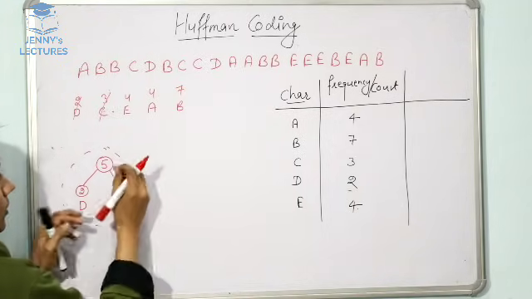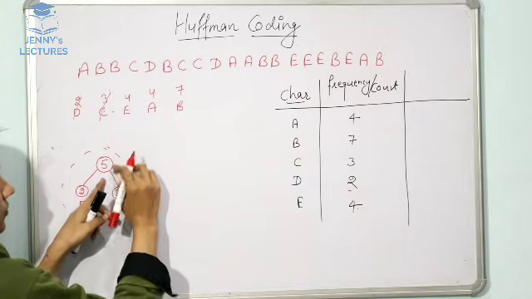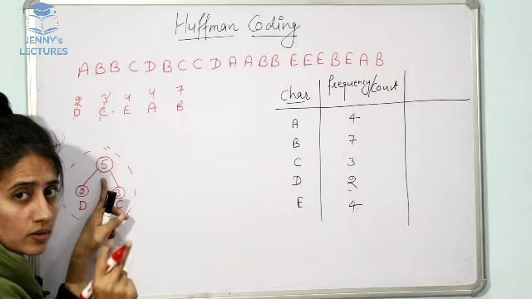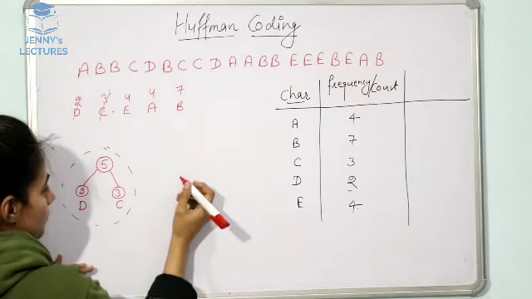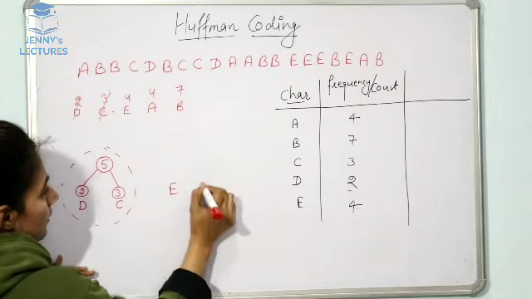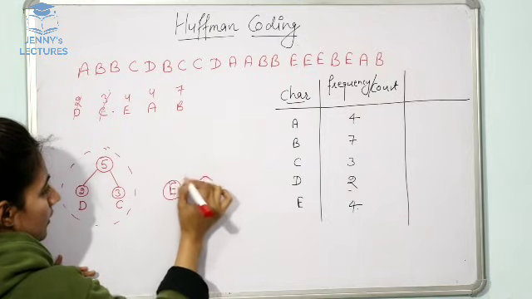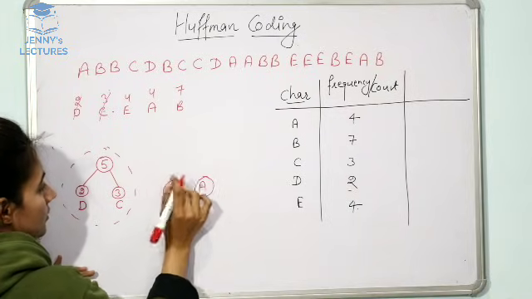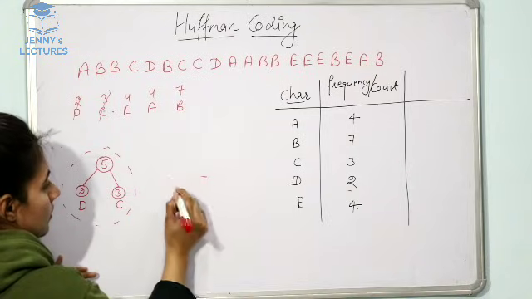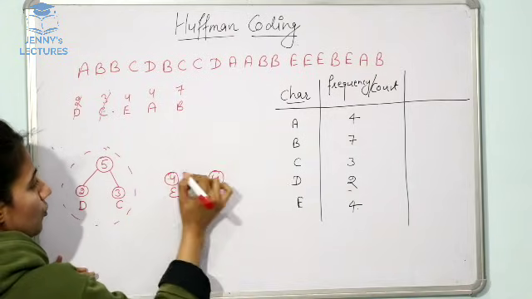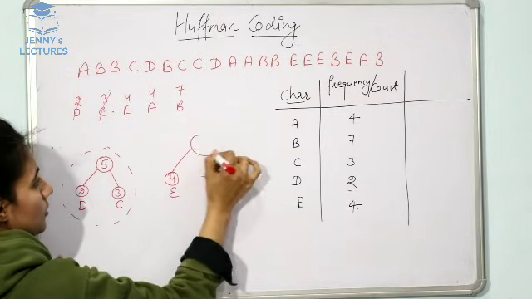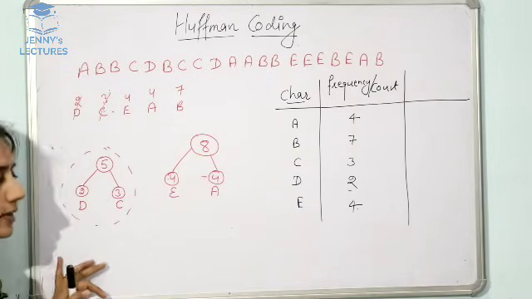Now out of 4, 4, 7 and 5, take the two characters having least frequency. We have E and A, 4 and 4. Now see, E and A have counts of 4 and 4, and after merging, the count is 8.